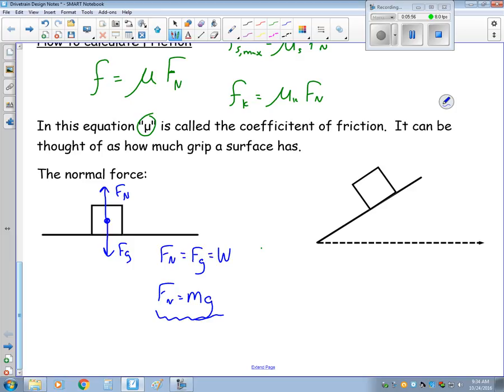If I have a box on some sort of inclined plane, notice that the normal force is not how much the object weighs anymore.